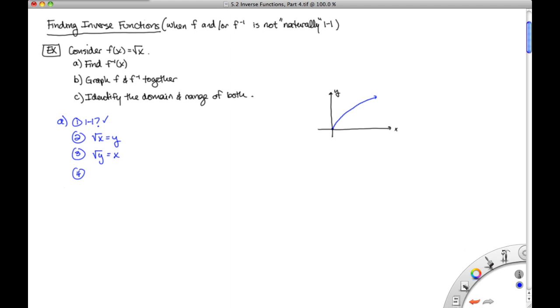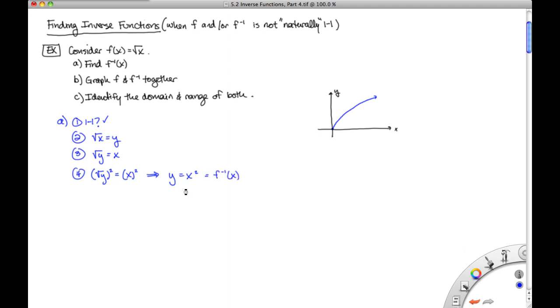To undo a square root, as we know, we square both sides. If we square both sides here, what we see is that y is what's left, and then we have x squared. This is our inverse function.